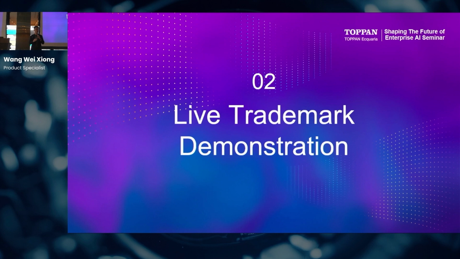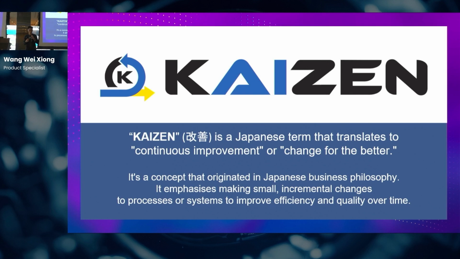Now we'll proceed on to the live trademark demonstration. Our demonstration app later on is all built using Kaizen. Kaizen means continuous improvement in Japanese, which assists you in your entire life cycle of design, development, deployment, and all the way to operation.